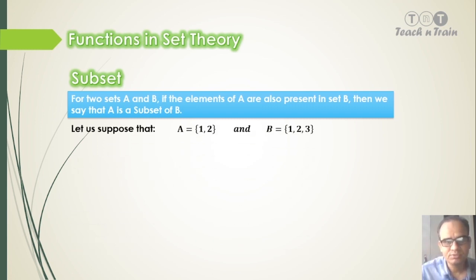Let's suppose I'm taking two sets A and B such that the elements of A are 1, 2 and that of set B are 1, 2 and 3.